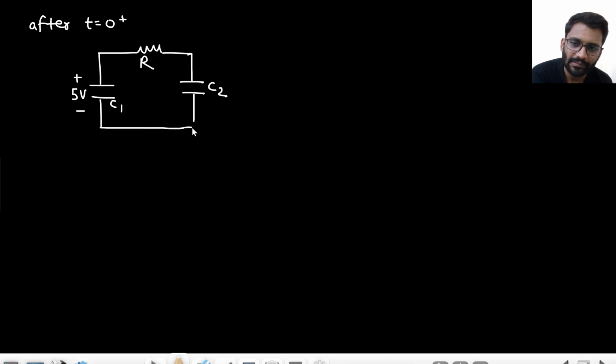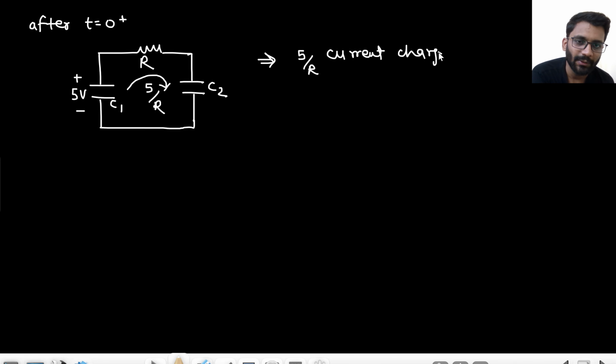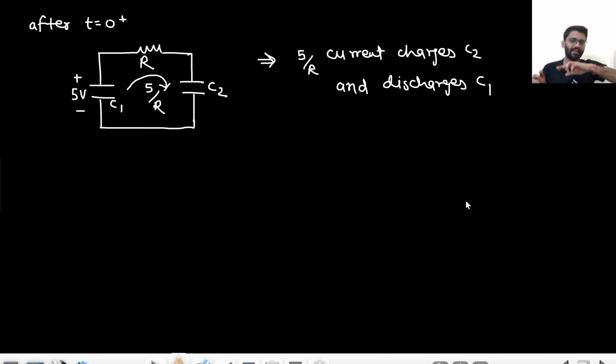Now what happens? This 5 by R current is flowing, right? This 5 by R current charges C2 and discharges C1. Now, till what point will there be some current?